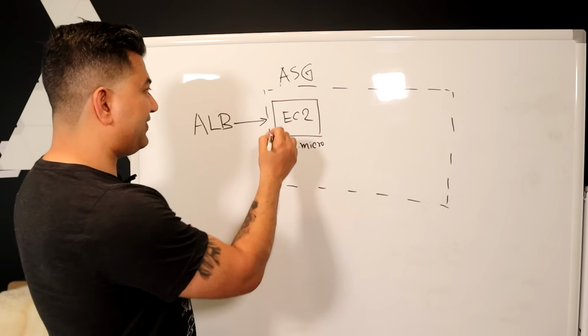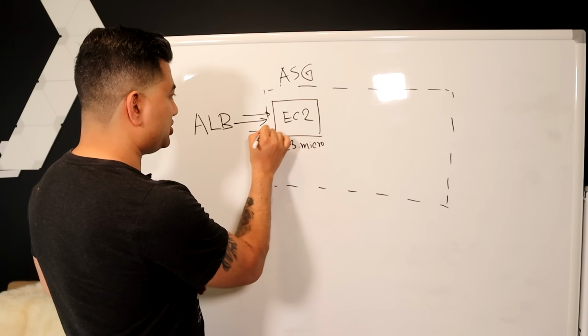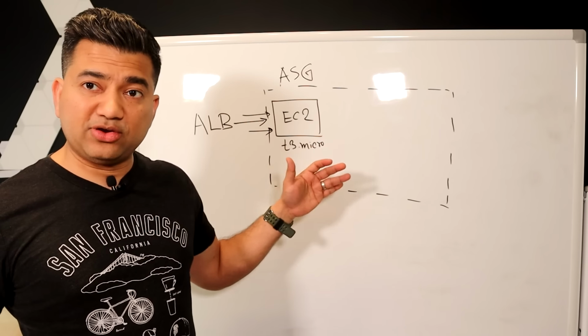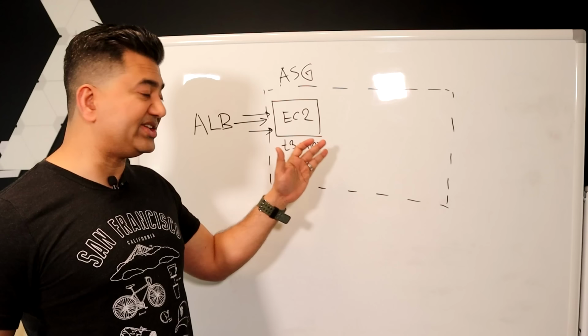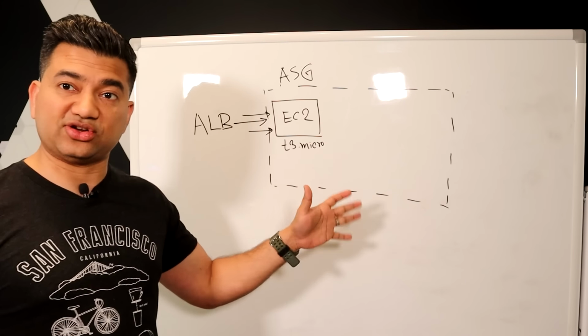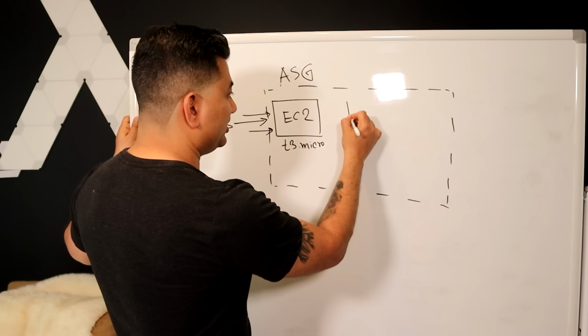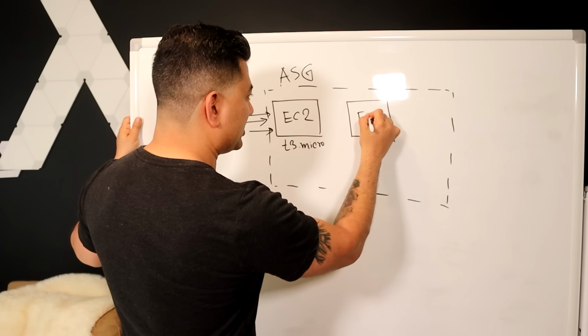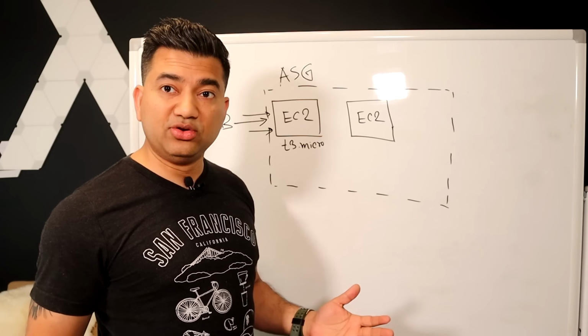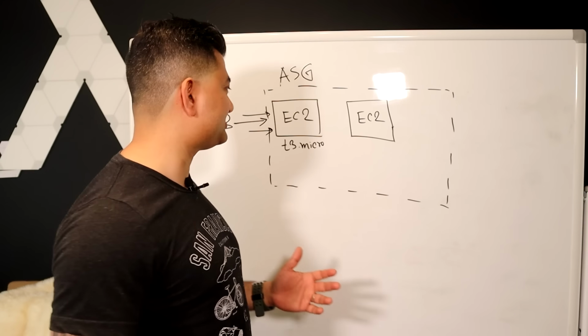As the traffic comes in to this EC2 and CPU reaches a specific threshold, another EC2 will be spun up in this auto scaling group. And that will be determined by the auto scaling group criteria, like at what percentage of CPU you want to scale, all that stuff.